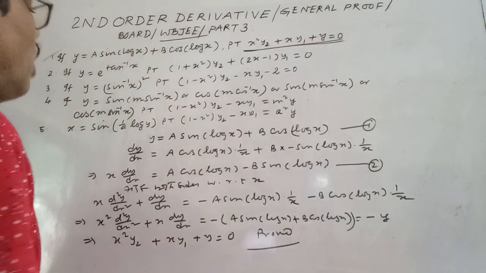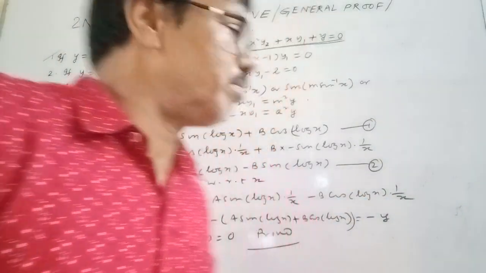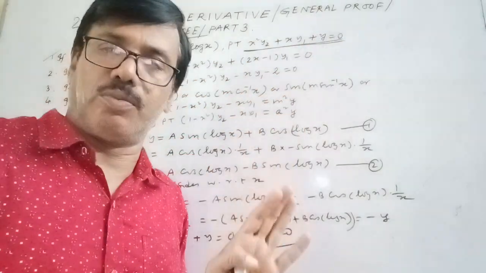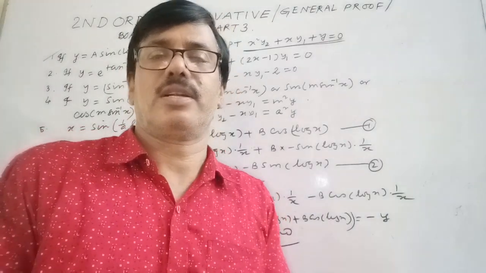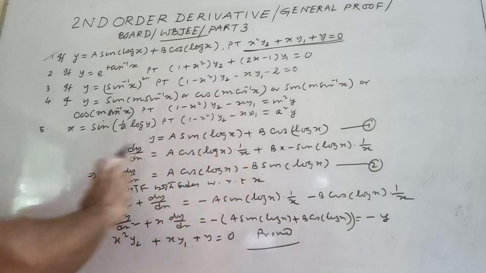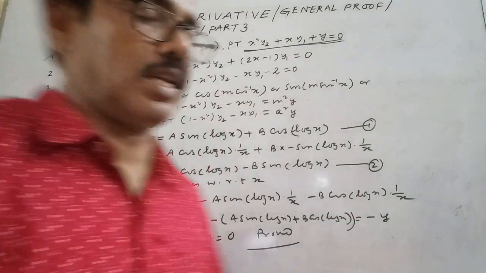So y is given, you find dy by dx, the double derivative, then you can put the values in the left hand side and you may get the proof. But this will be lengthy. Our main aim is to get the direct proof. So to avoid the quotient rule, we multiply again, and you get the direct result.